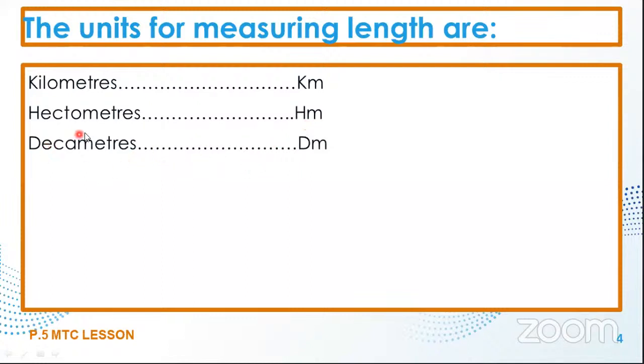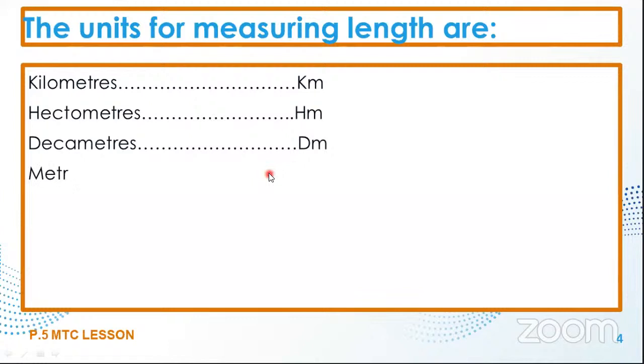Now, we have two units that begin with the letter D: decameter and decimeter. To separate them in short form, decameter we shall write with a capital D. The other one, decimeter, we shall write with a small d.